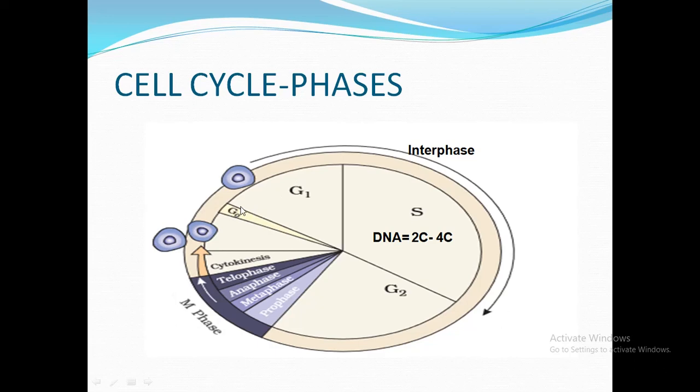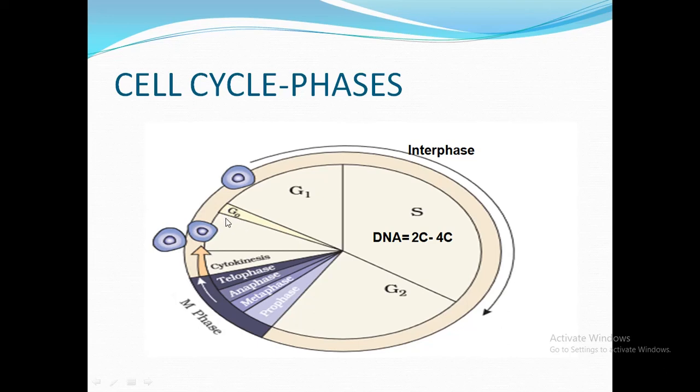The first phase in interphase is G naught phase. G naught phase is the phase where the cell has not decided to divide. It remains stagnant, but that doesn't mean it is inactive.